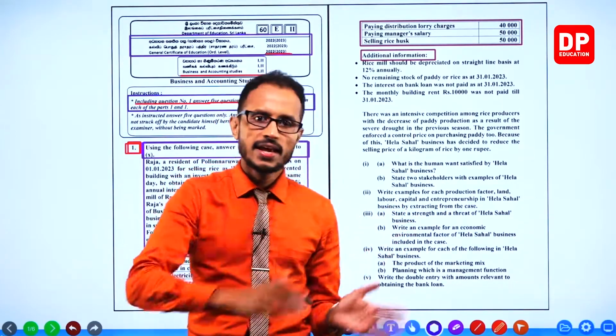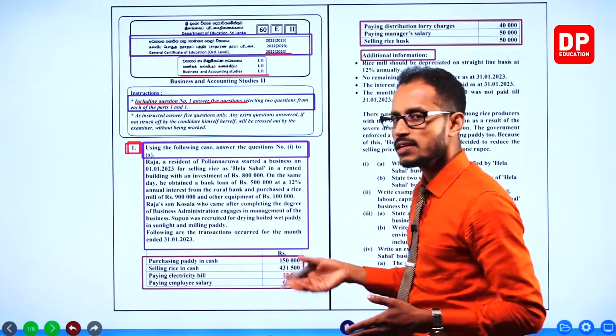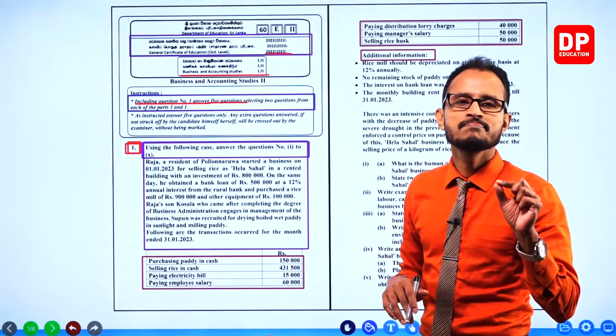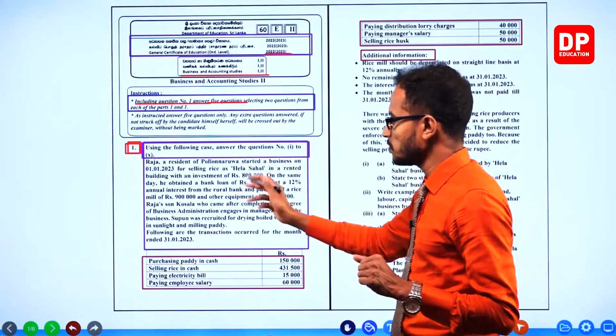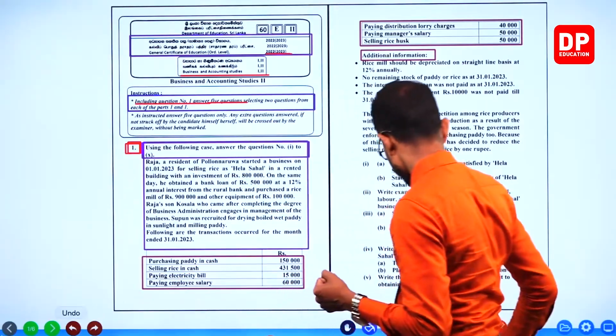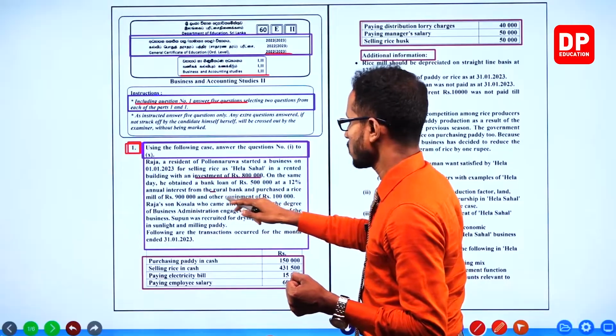Then you go to the case and read it. While you are reading, you will notice the answers to the questions, and you mark the small things that you notice, like investment, bank loan, if you want.